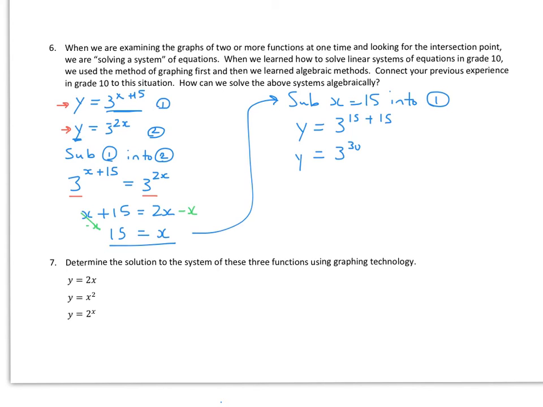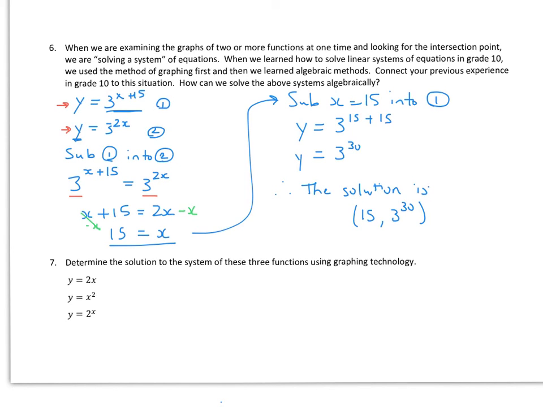You can plug that into your calculator. It'll probably spit out scientific notation. Or we can just say, therefore, the solution or the point of intersection is at 15 for the x-coordinate and 3 to the exponent 30 for the y-coordinate, which turns into that crazy scientific notation stuff.